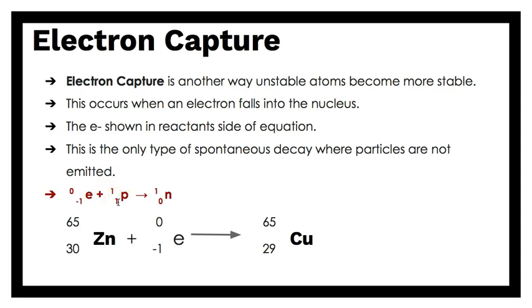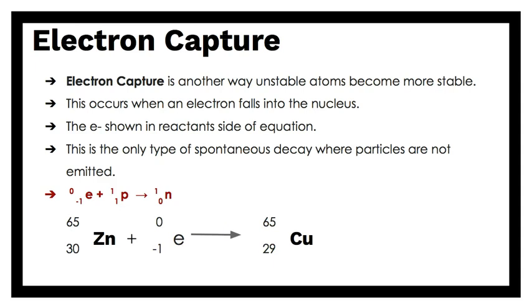And so you're basically getting rid of one of the protons. So in this case, you have zinc, and zinc gains an electron. So it's going to neutralize one of these protons. So it's going to become 29. It's going to have an atomic number of 29, and therefore you change that identity. And because this electron weighs nothing, the mass doesn't change at all.